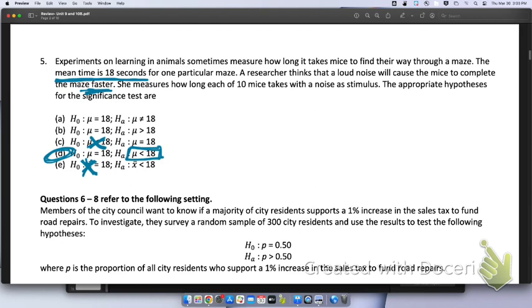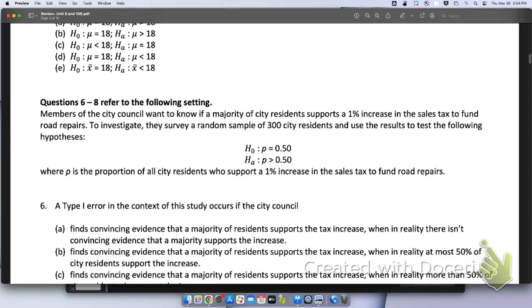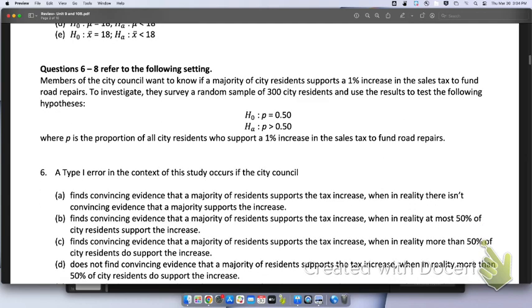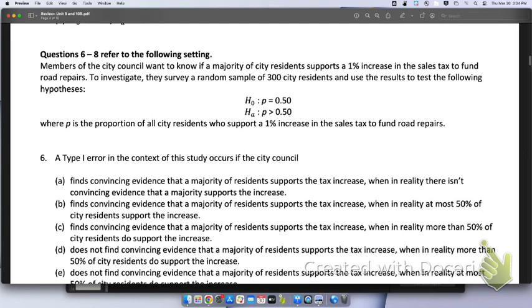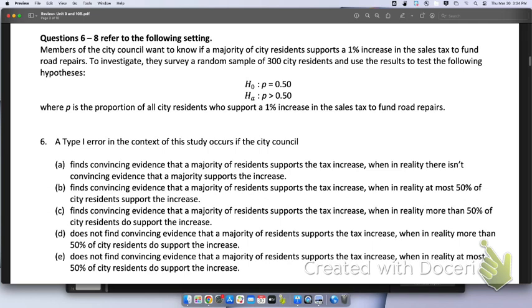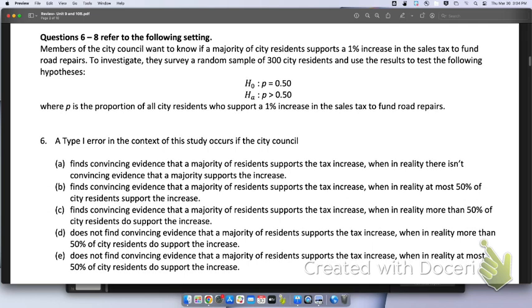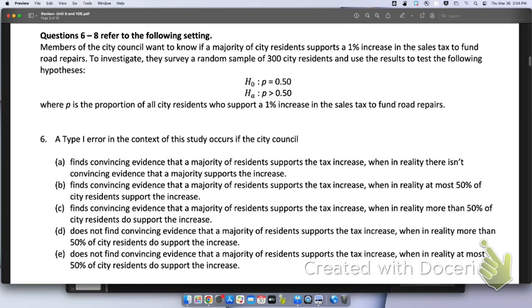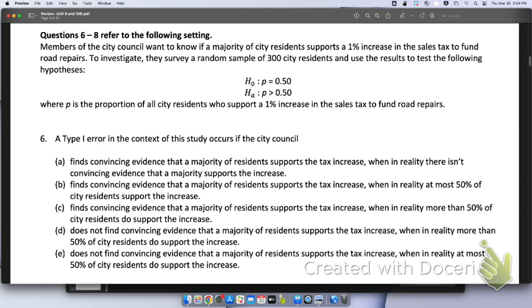Alrighty, number 6. Members of the City Council want to know if a majority of city residents support a 1% increase in the sales tax to fund road repairs. To investigate, they survey a random sample of 300 city residents and use the results to test the following hypotheses. The null hypothesis is that the true proportion is 50%. The alternative is that the true proportion is greater than 50%, a majority.